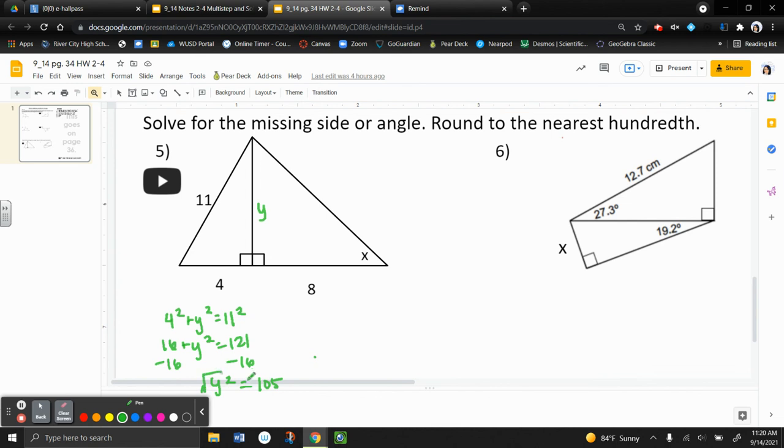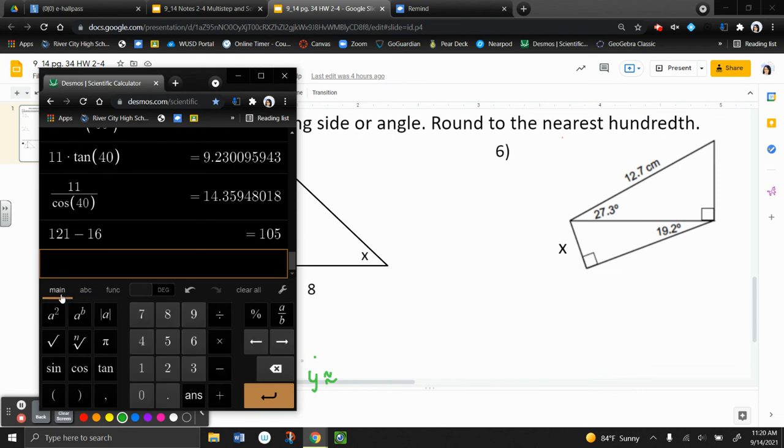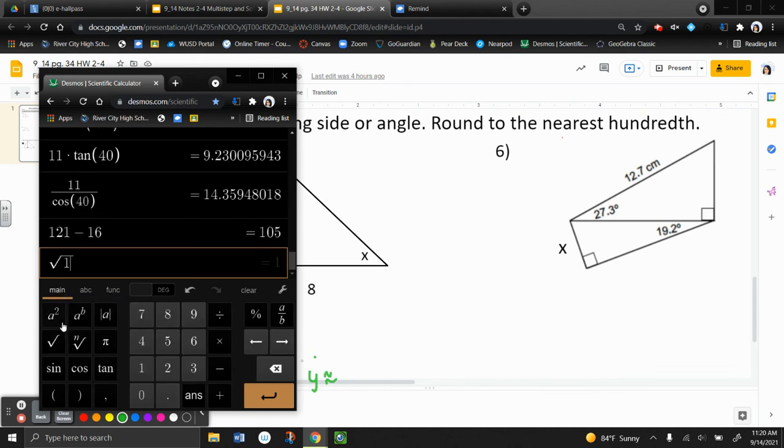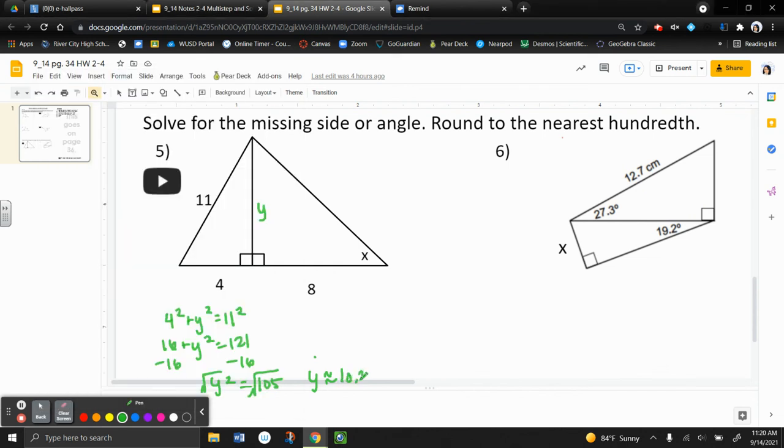And then we're going to square root both sides. So square root of 105 is approximately 10.25. All right, so now I have my shared side. Now what we can do is we can use inverse trig. Here's my reference angle. This is the opposite, adjacent. We're going to use tan.